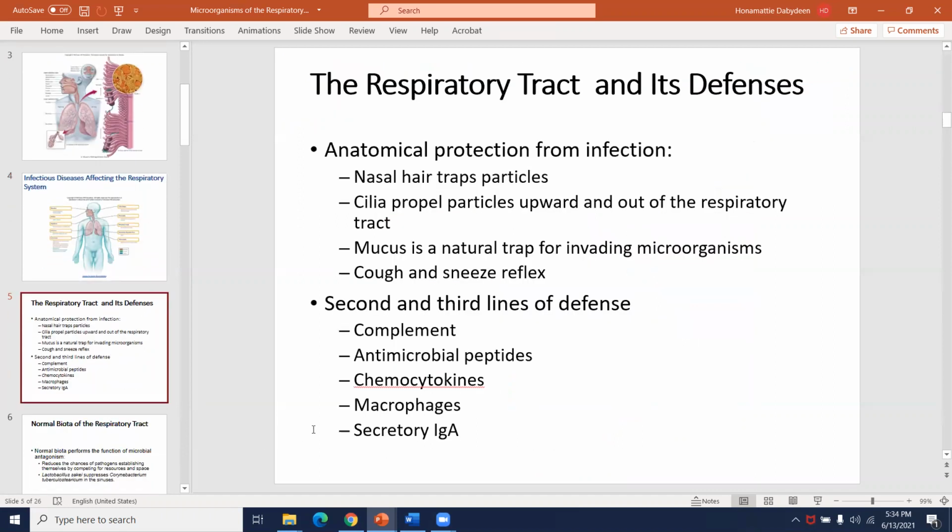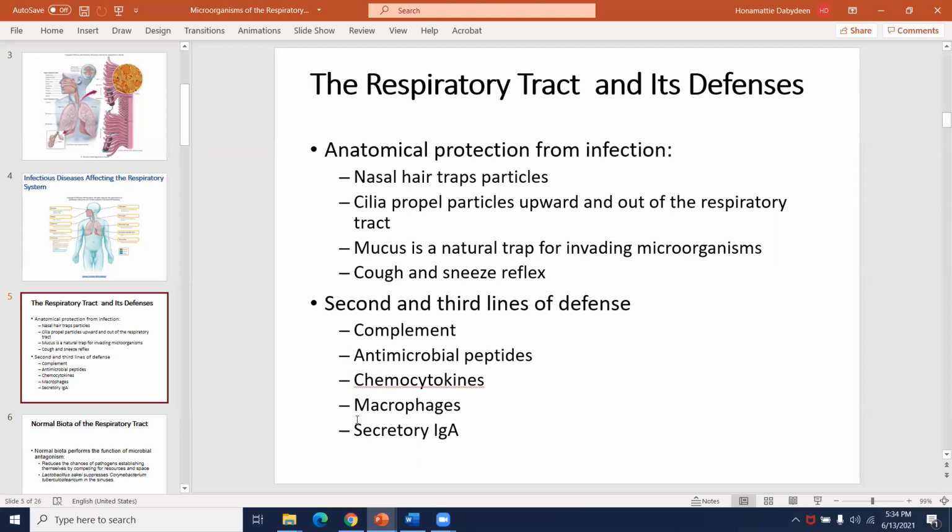So how are you defending yourself from these organisms that are trying to get into your system? Well, I list here some anatomical protection from infection, and I think we talked about them already when we covered first line of defense in another lecture. Nasal hair will trap particles.